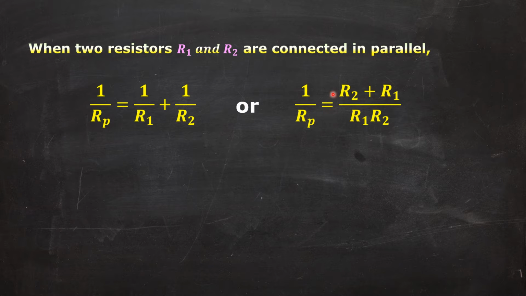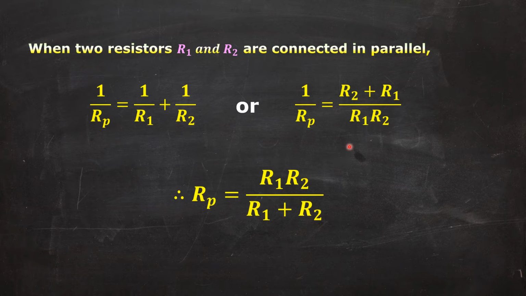So after simplification, we get R2 plus R1 by R1 R2, or Rp is equal to R1 R2 by R1 plus R2. So when two resistors are connected in parallel, the resultant resistance is equal to product by sum: product of the two resistances divided by sum of the two resistances.